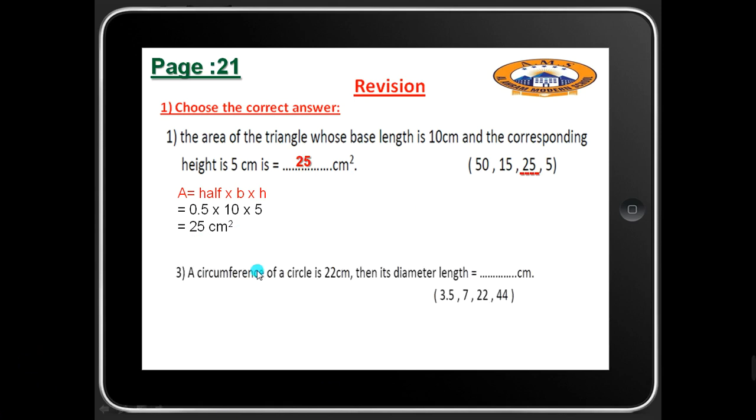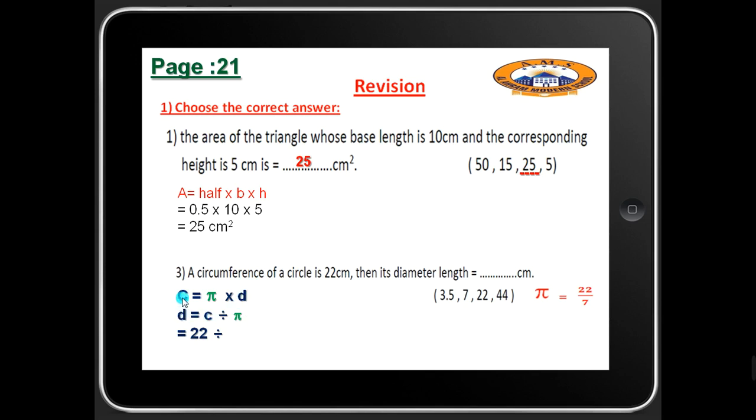Okay, another one. The circumference of a circle equals 22 centimeters. Then the diameter length. He gives the circumference and asks you to get the diameter. So what shall you do? First, write the rule: the circumference of the circle equals pi times d. And I use the one that has the diameter because he wants you to calculate the diameter.